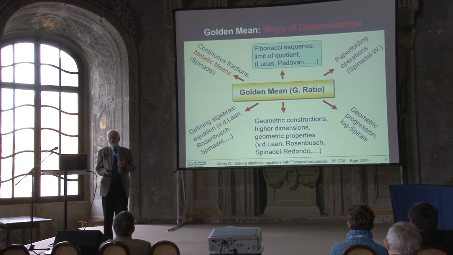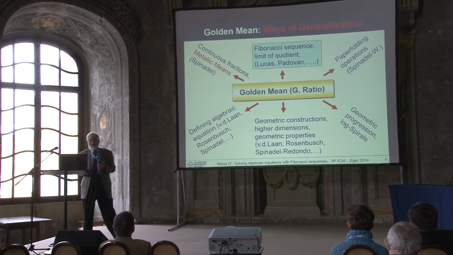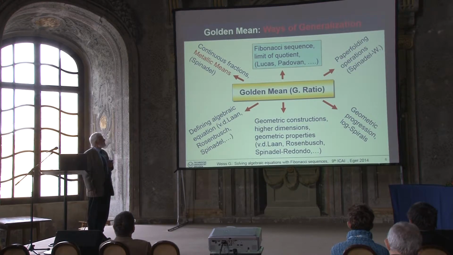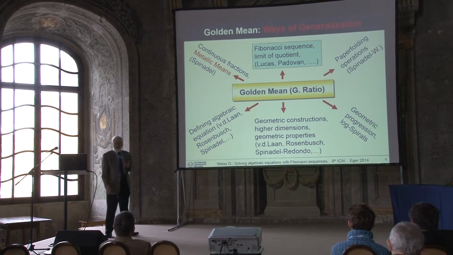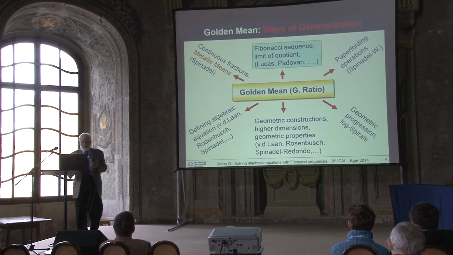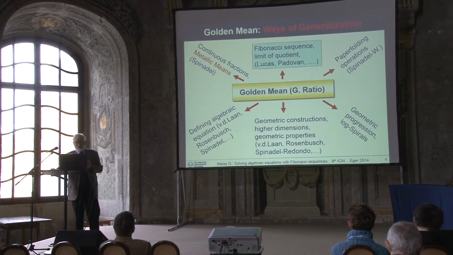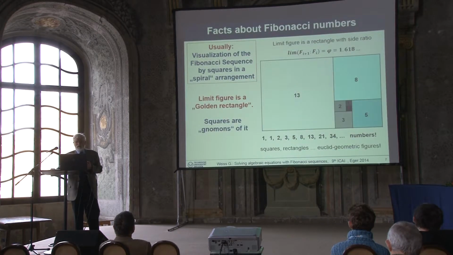It could be even a solution of a third order equation, such that it could be handled by paper folding. So geometric progression and logarithmic spirals, geometric constructions of higher dimensions, and so on. It's a lot of things which arrived after the golden mean.